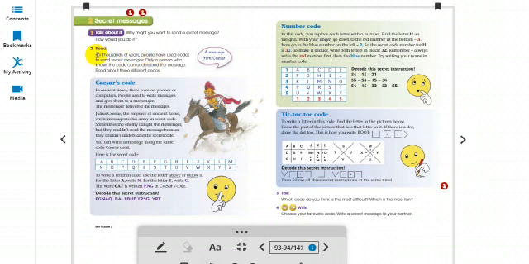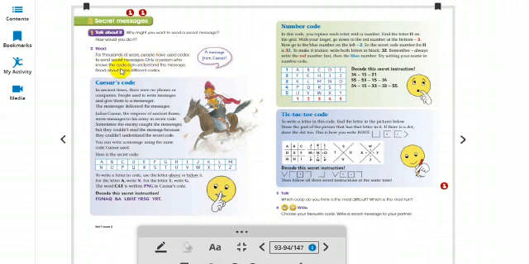Now let us read first to understand what the secret message is here in these pages and how we too can play and understand it. So read. For thousands of years, people have used codes to send secret messages. As I have already explained to you, the kings and queens in the olden days used to send messages through eagles in code words.